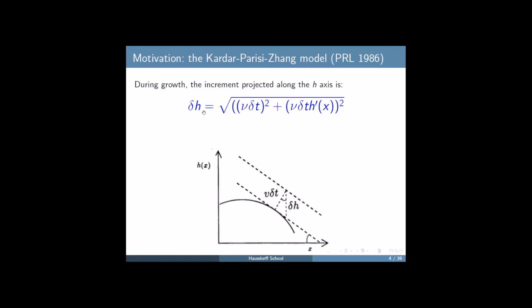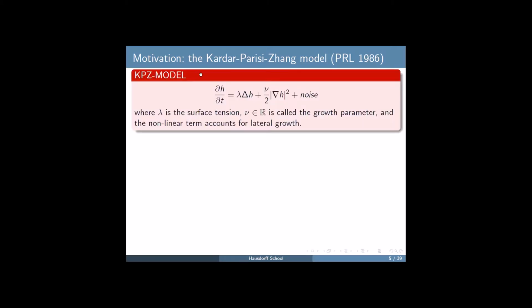If you divide these quantities by delta t, and then let delta t go to 0, what we have here, in more dimensions, is a parabolic equation where in the square root we take a Taylor expansion. So here we have the nonlinear first order terms plus some other terms.